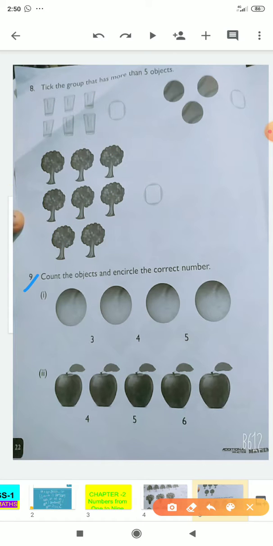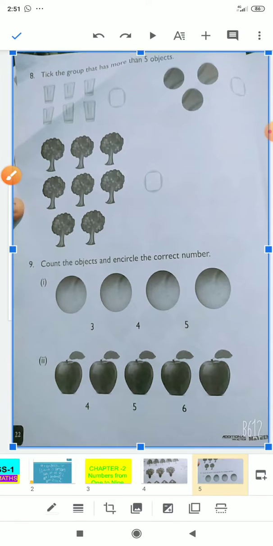In question number 9, the question is: count the objects and encircle the correct number. I will read the question again. Listen to my question carefully.